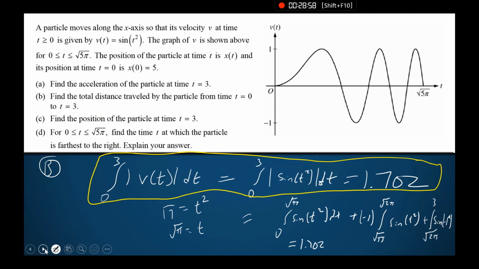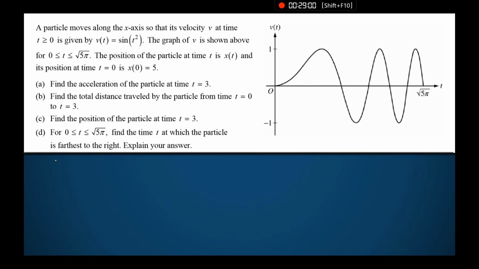Then Junho, we're back to you for part C. Find the position at t equals 3.